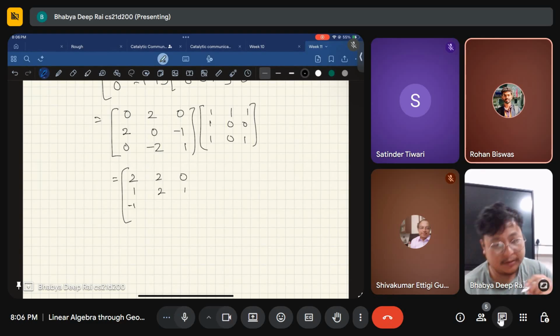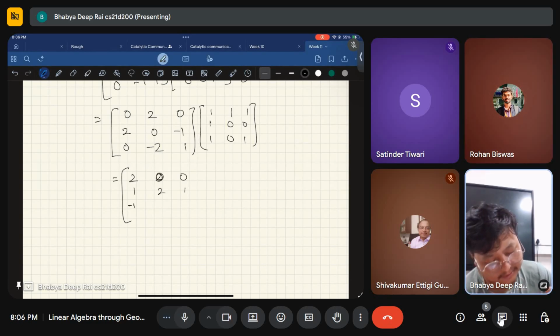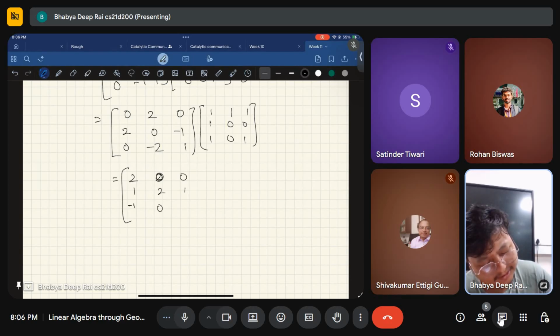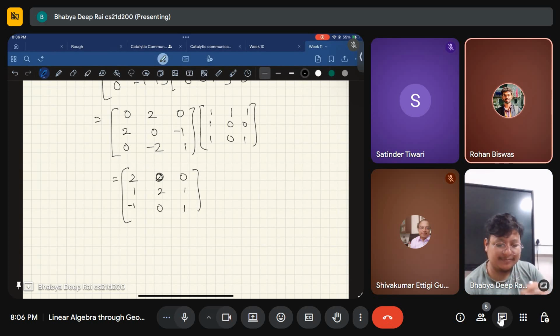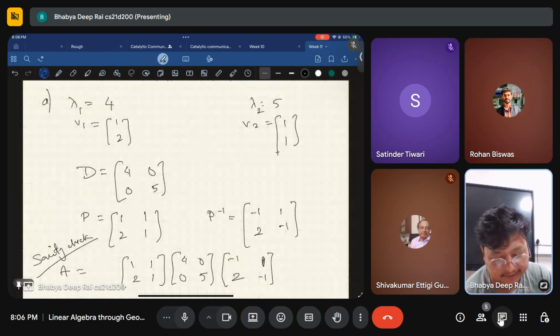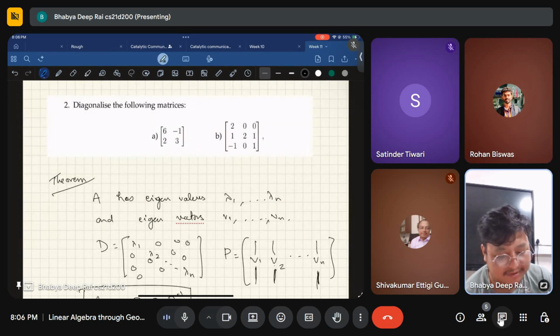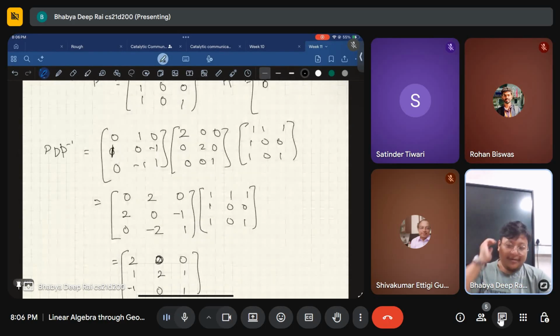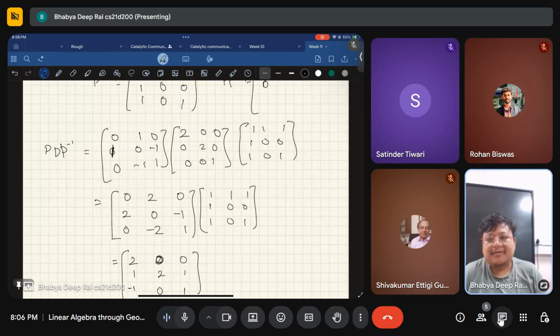Sir, the first row should be 2 0 0 only, no? First row should be 2 0 0, yes, that's right. Second row is good, so 1 2 1 is right. This is also 0 and this is 1, right? 2 0 0, 1 2 1, minus 1 0 0. Okay, great. So this is indeed a diagonalization of the given matrix.